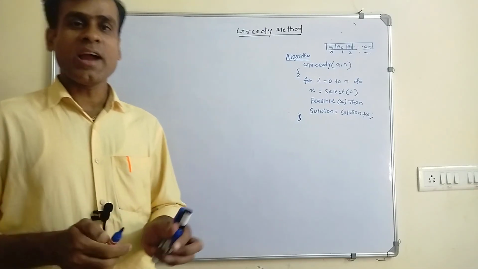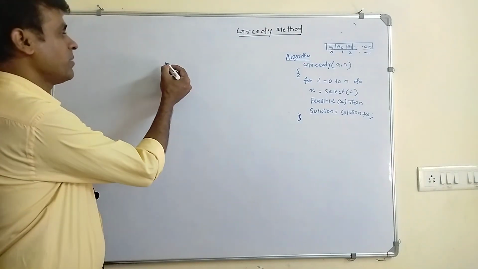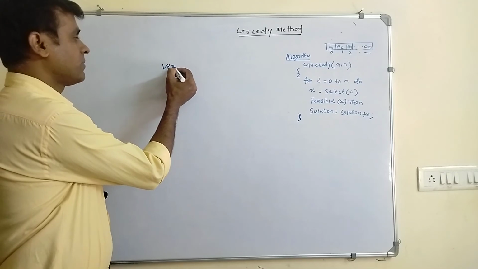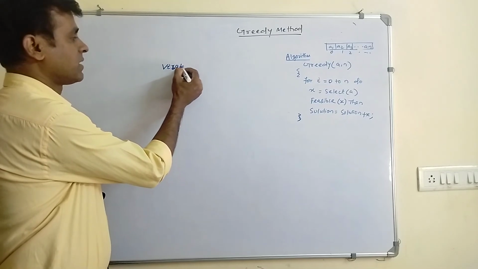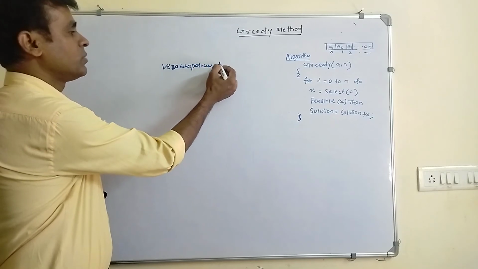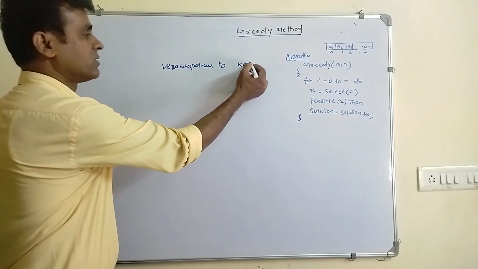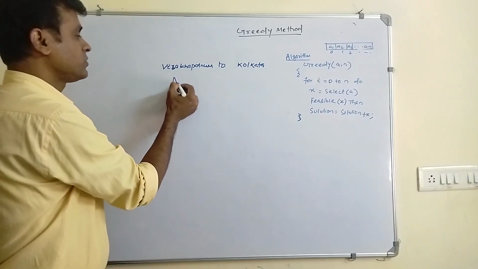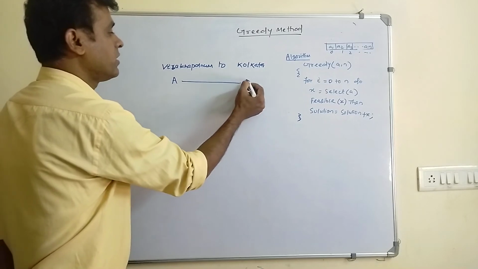So first of all, suppose I have a problem that I want to travel from Visakhapatnam to, suppose, Kolkata. So my strategy is to travel from here to here.